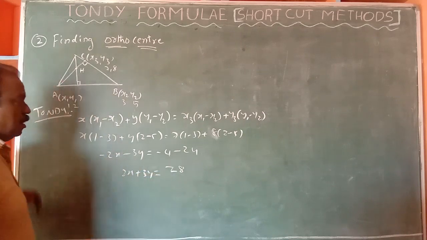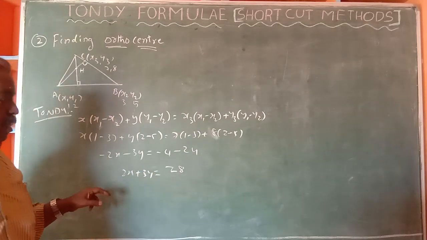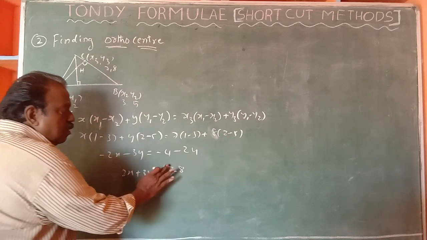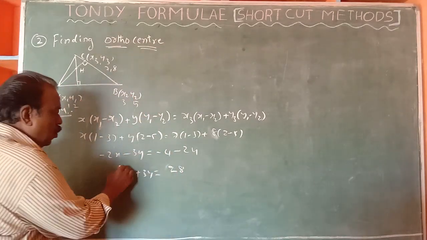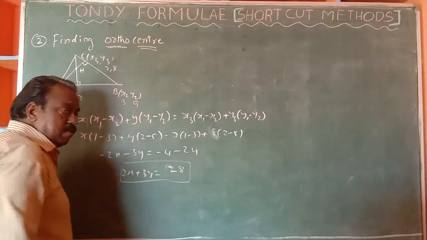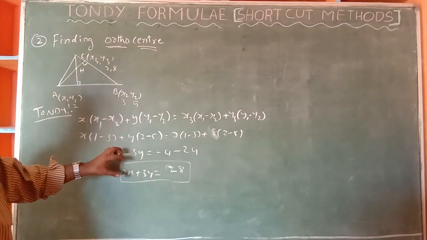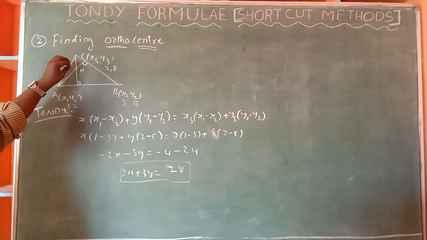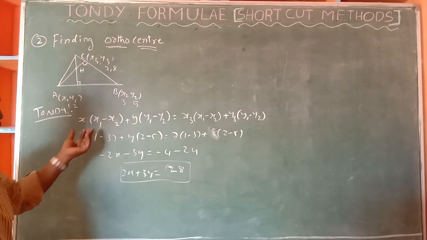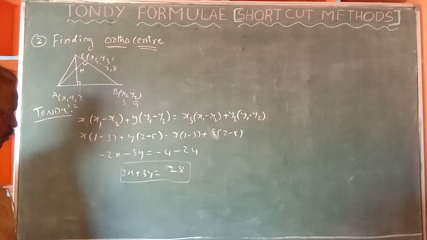Now, how do we solve this? To find the orthocenter, this is a Tondy equation. By using the Tondy formula from the 3 vertices of the triangle for which we are trying to find the orthocenter, first we find this one.